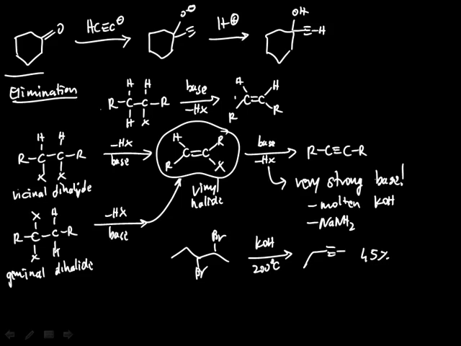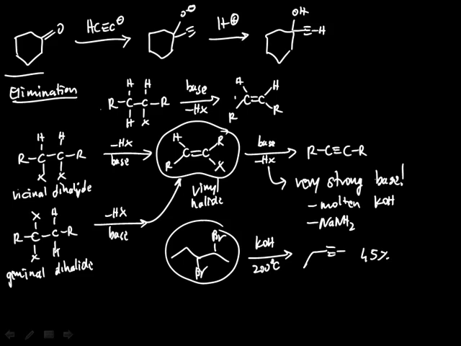So this reaction works quite well, and typically these dibromides are made from alkenes because the alkenes can be brominated, and that introduces two bromine substituents into adjacent positions on the double bond, giving us precursors to double dehydrohalogenation to give us an alkyne.